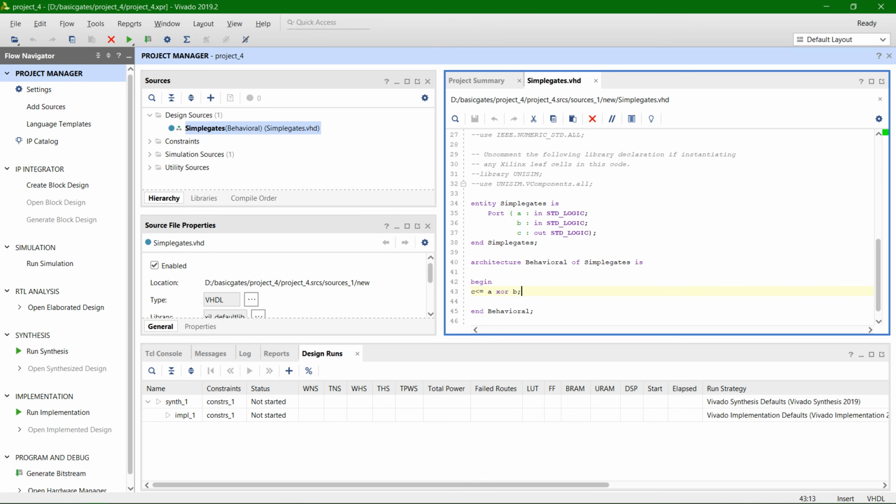Then in the next step, I ended my architecture by writing end behavioral.